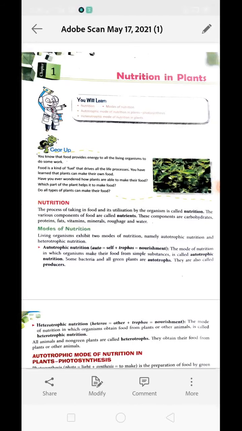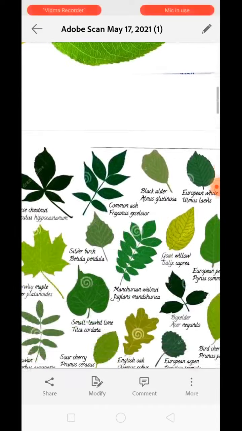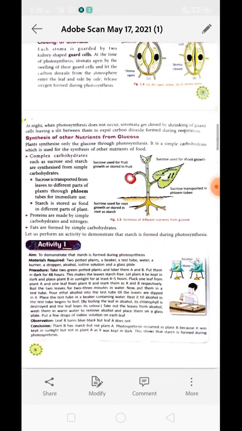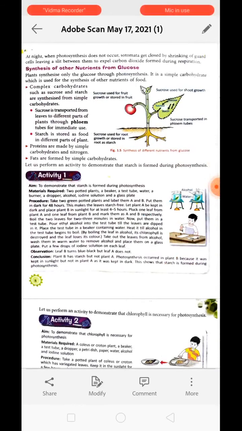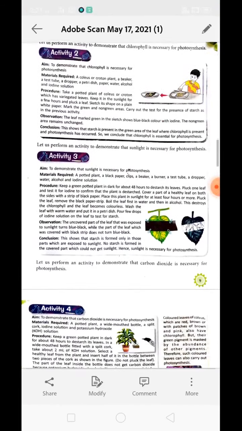Today we are discussing the third part of chapter 1, which is called nutrition in plants. In our previous two videos we have talked about nutrition, types of nutrition, raw materials needed for photosynthesis, why the leaf is considered a food factory, how stomata open and close, and synthesis of nutrient material from glucose and other nutrients.